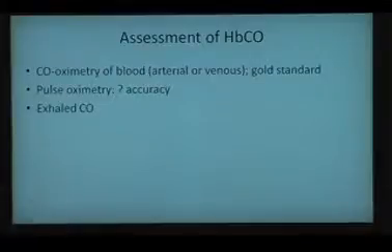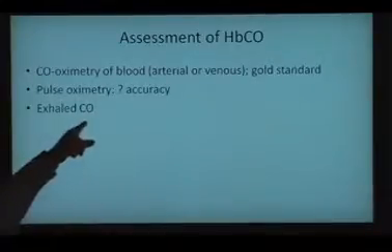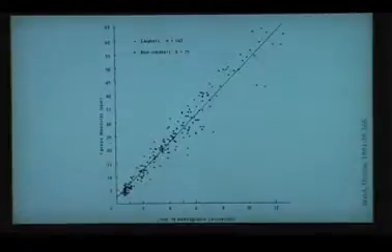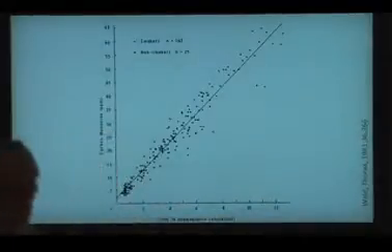And then the other way you can measure carboxyhemoglobin is measuring exhaled CO, like an end-tidal CO. So you blow into a meter, it measures the CO in the exhaled breath, and it has been shown from many years ago that that closely reflects the carboxyhemoglobin. So here's a study published way back in 1981.